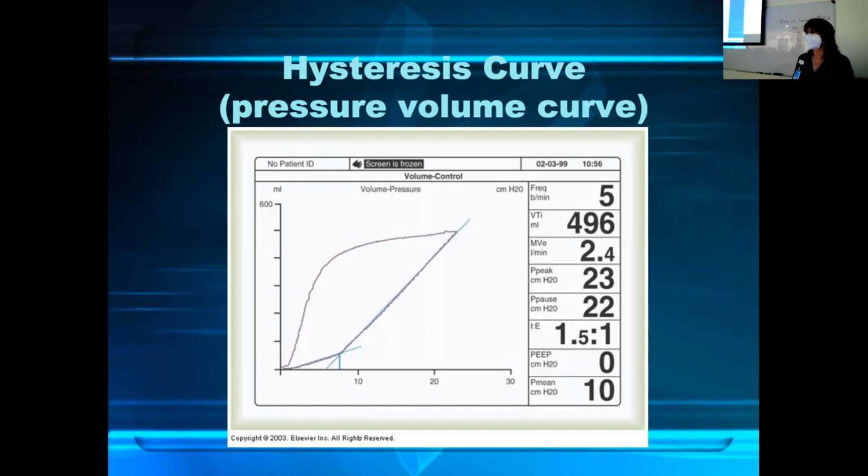You would think you push the volume in, the pressure goes up. The volume comes out, the pressure goes back down. You should think, oh, that's going to be a straight line up and a straight line back down. But it's not. So there's different pressures when the air is coming out compared to the air going in. And that's how it got its name, hysteresis.